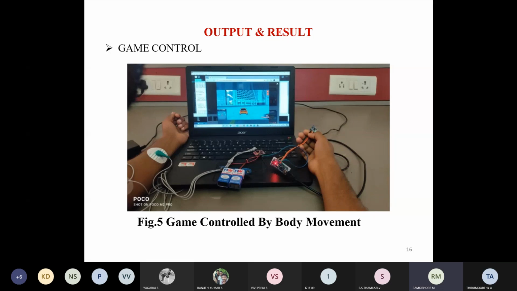The gyro sensor gives 4 movements: left, right, straight, down. Muscle activation gives two bidirectional movements, 0 and 1. We can control the game in this picture.